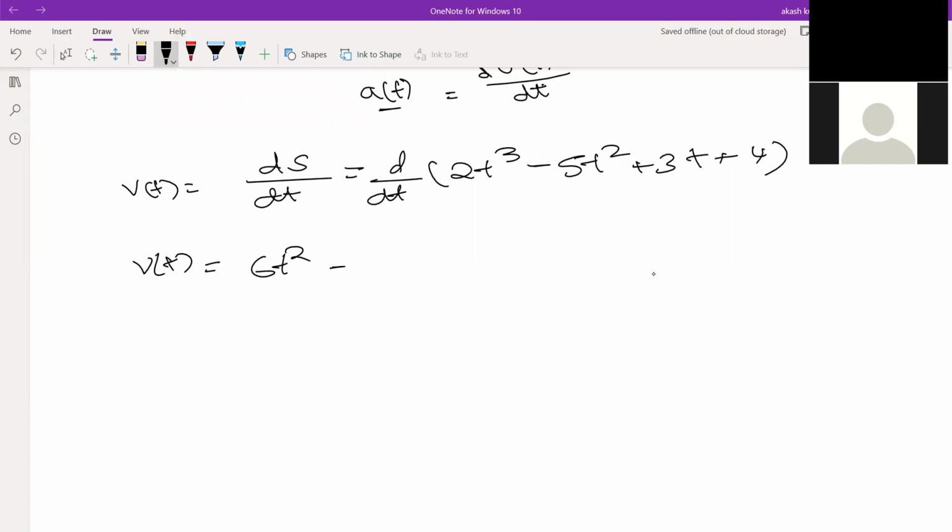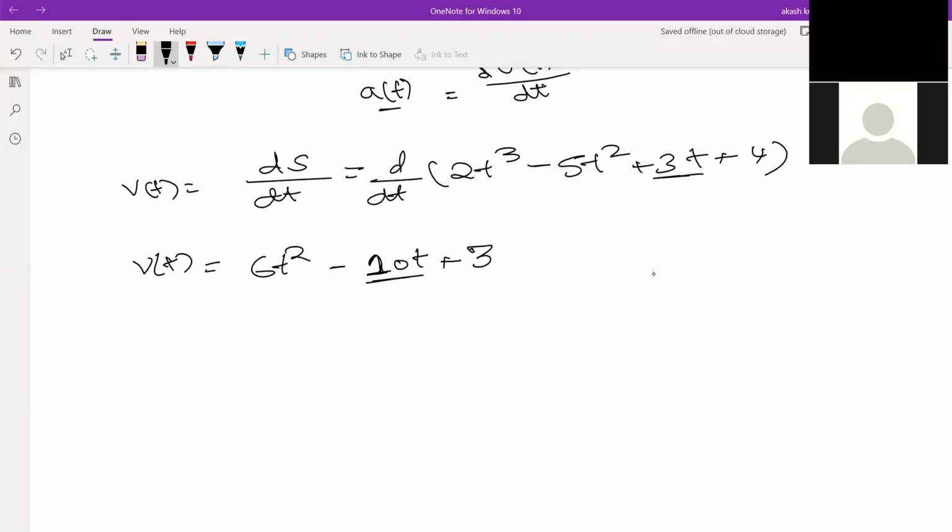What about 5t squared? It will become 10t, so minus 10t. And 3t becomes just 3. And the constant becomes 0. So this is the velocity.